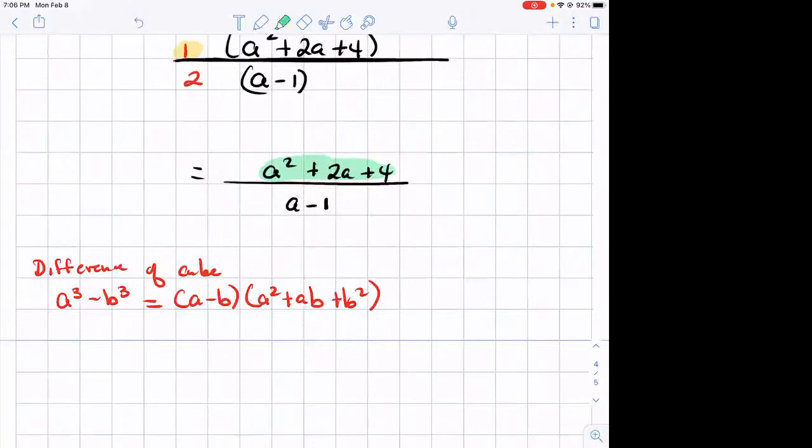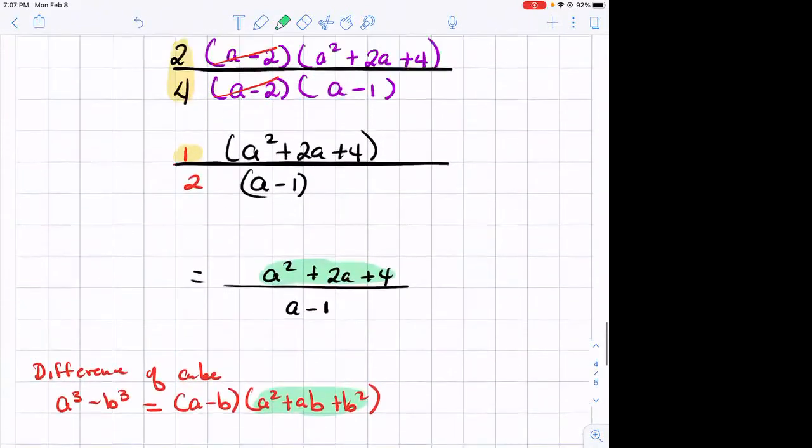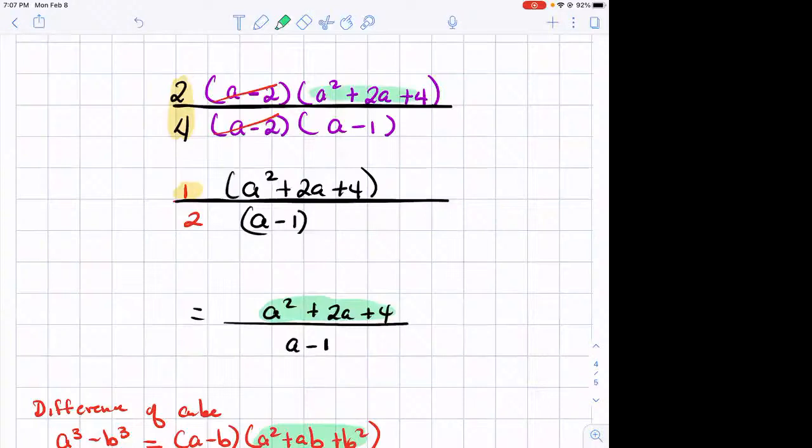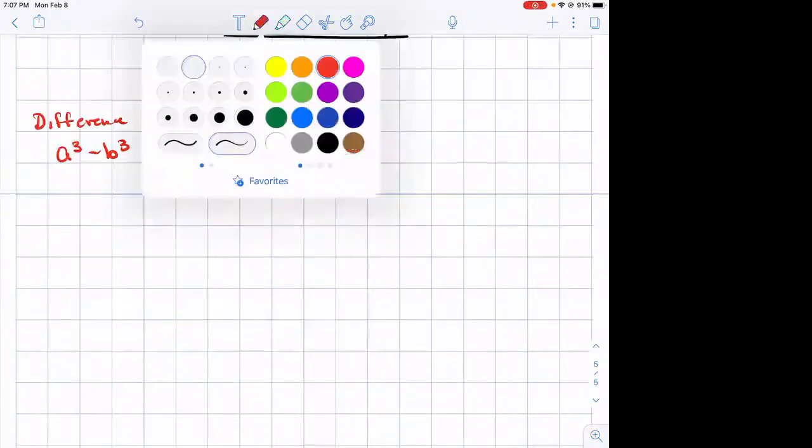And notice that this is a quadratic, and that quadratic is a prime polynomial, which means that it cannot be factored. So you may want to look back at the difference of cube and the sum of cube. That's where I'm getting this information from. Now let's look at another example.